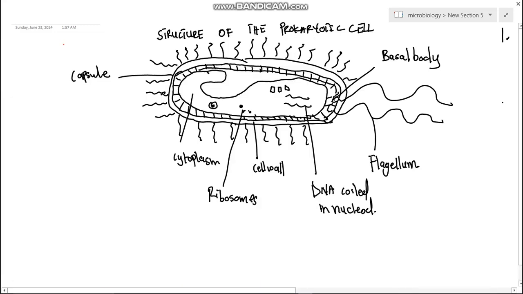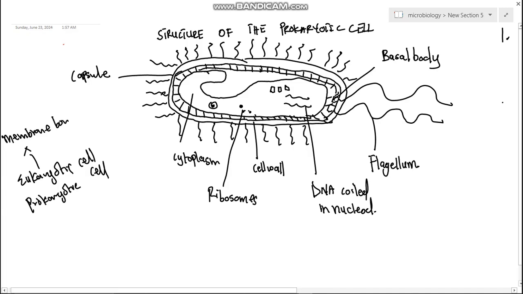Now, we are pretty much aware that there are basically two types of cells. We have the eukaryotic cell and the prokaryotic cell. What we know of the eukaryotic cell is that they have membrane bound structures, and their nucleus is not scattered in their cytoplasm.